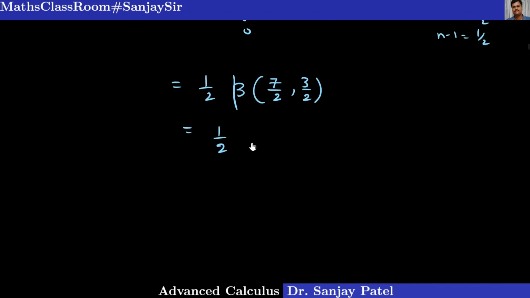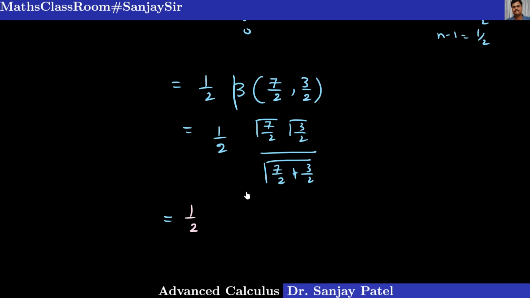This is equal to, now we can use that relation between beta gamma function and find the value of this beta function. So gamma 7 by 2, gamma 3 by 2 upon gamma of 7 by 2 plus 3 by 2. This is equal to 1 by 2.